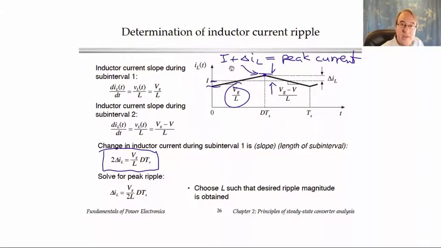Capital I is determined by the load current, but delta IL is determined by the choice of inductor value. So we can choose the inductance here to make the peak current be a desired value that is controlled and not too large.